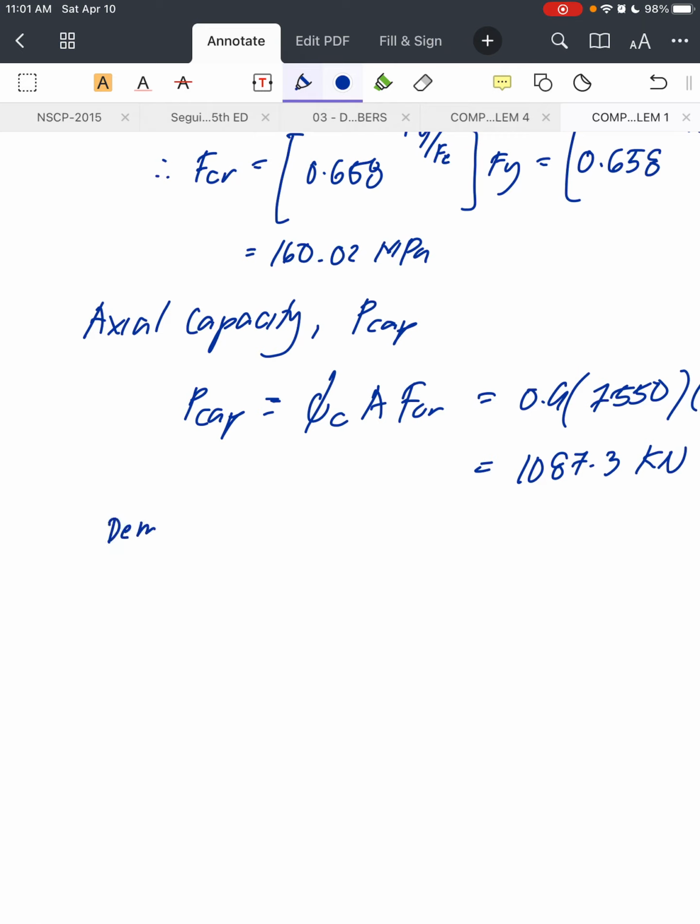So after that, we have to compute the demand over capacity ratio, or your DC ratio. Ano ba yung demand natin?